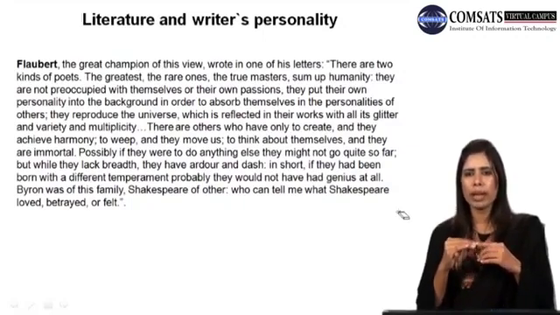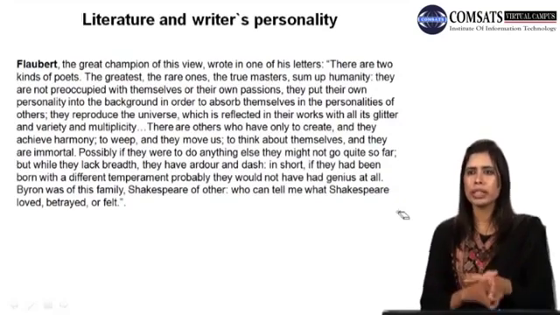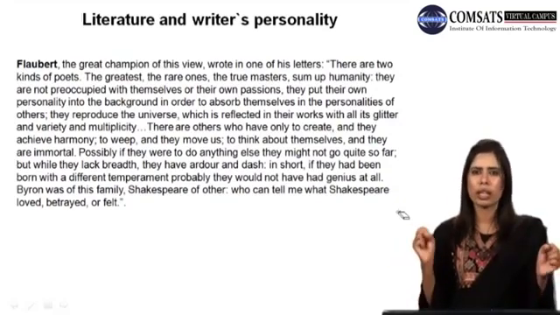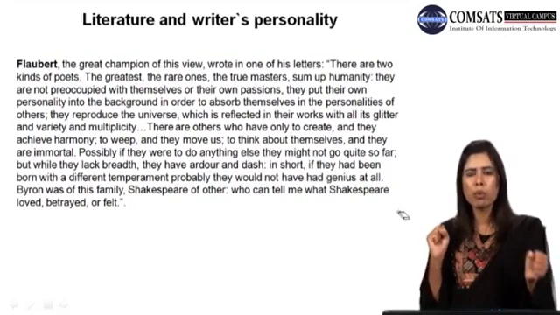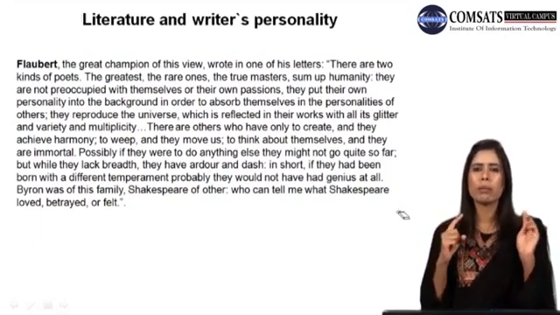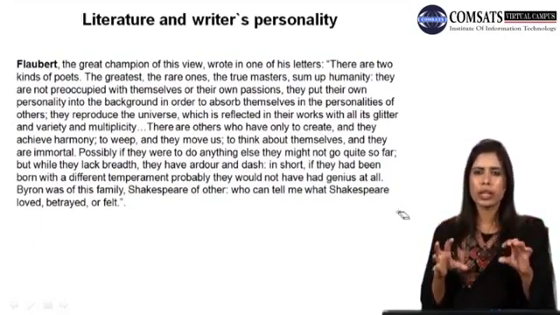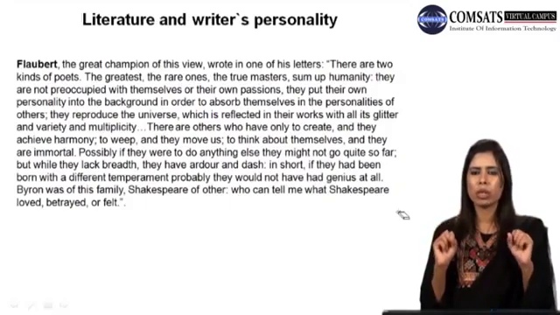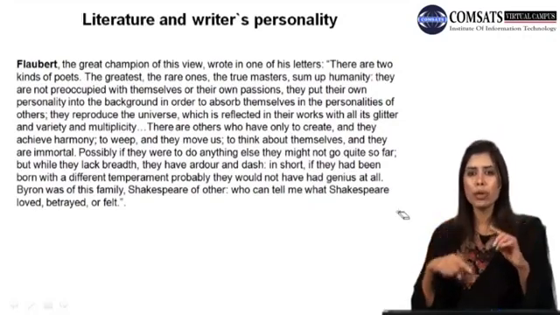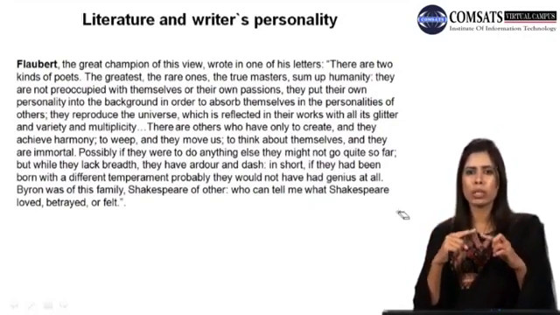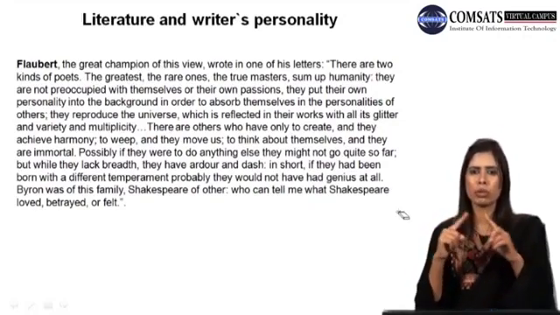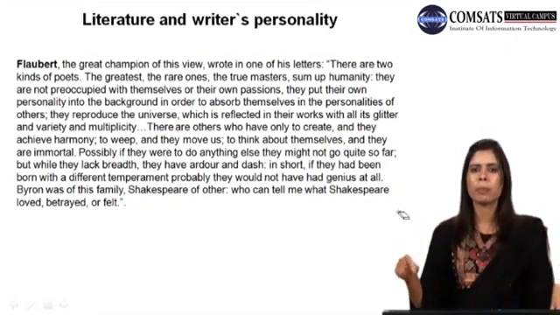He used to put himself on one side of the room, you can say, and then he used to be more objective towards the thing. And Byron's writings are usually based upon his life, so Flaubert puts both the poets, Byron and Shakespeare, into two different categories.